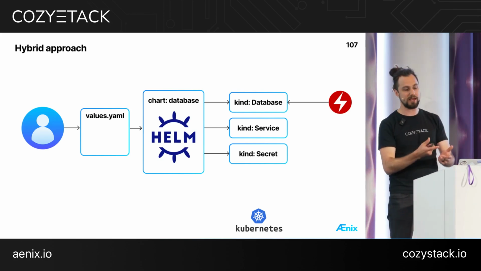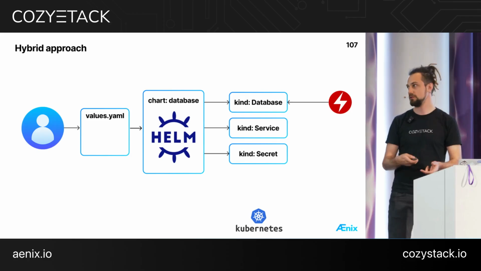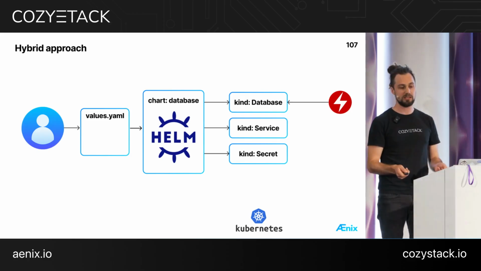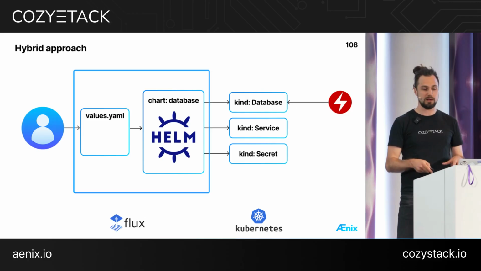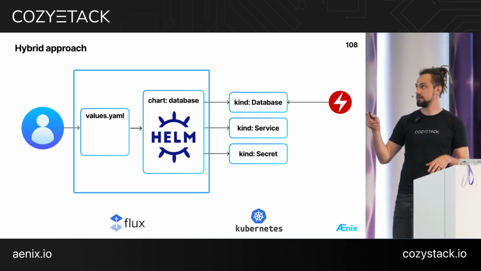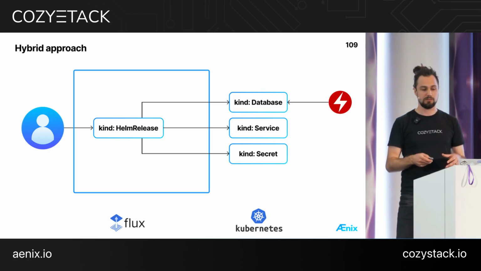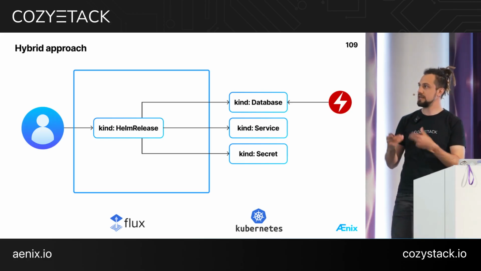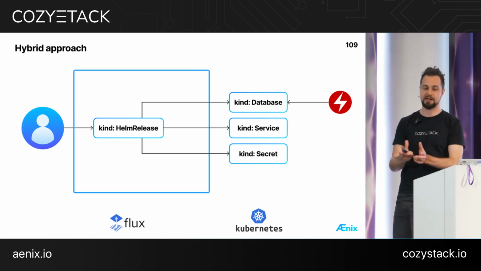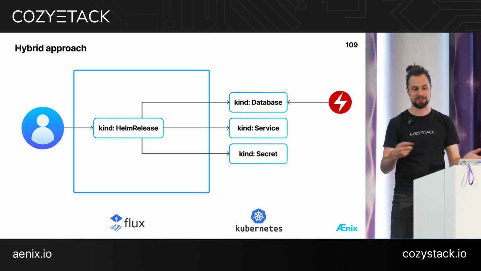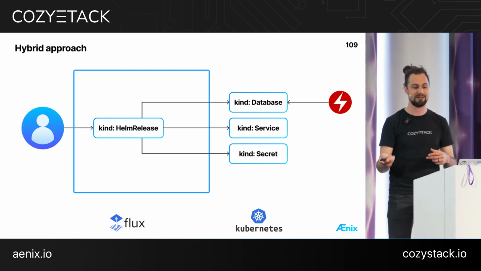We specify only the specific fields we want the user to change, and we still have full lifecycle management by the operator. In fact, this is changed to FluxCD. FluxCD is a kind of Helm operator for Kubernetes, and it allows you to specify a kind, Helm release, which will deploy the rest of the things.